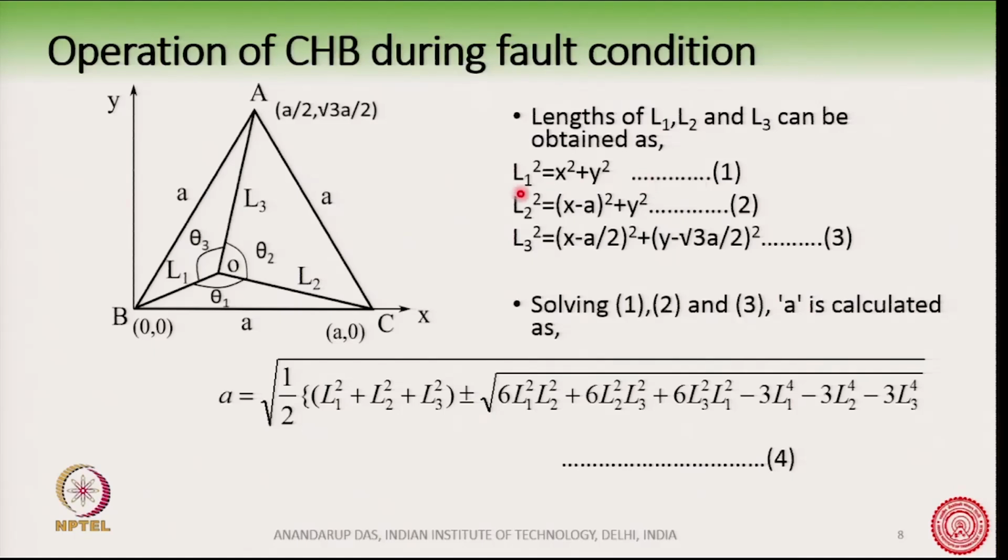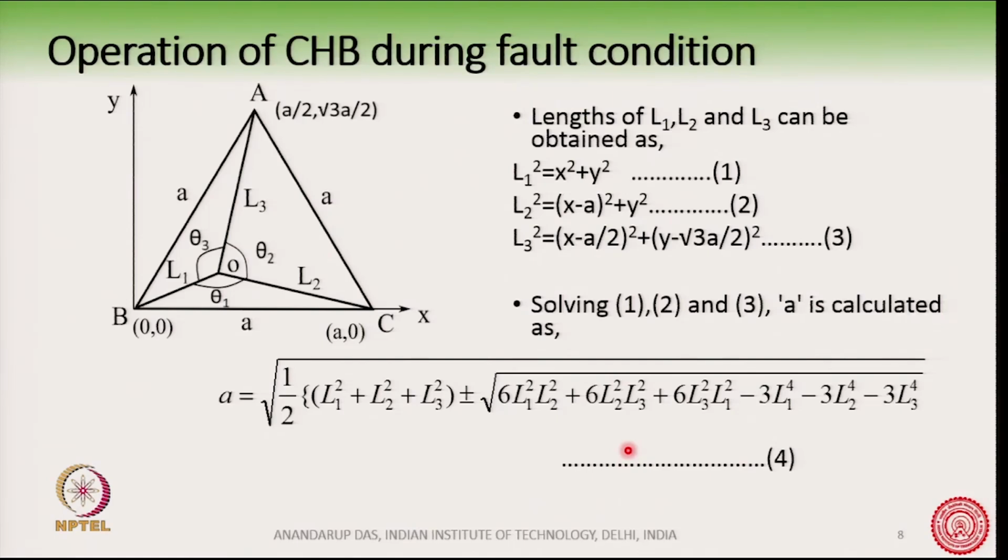If you take the x and y axis like this, you can write down these equations for L1 square, L2 square and L3 square. By solving 1, 2 and 3, we get a big and complicated expression of small a as a function of L1, L2 and L3. This is the expression of the balanced line voltage as a combination of the unbalanced pole voltage magnitudes.